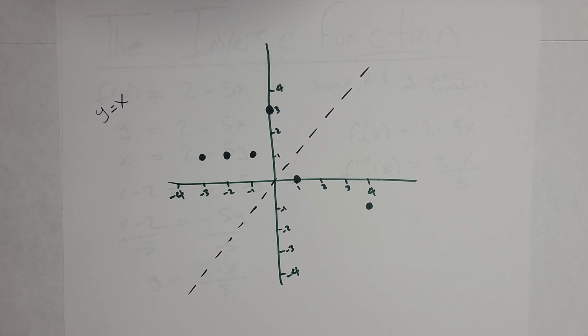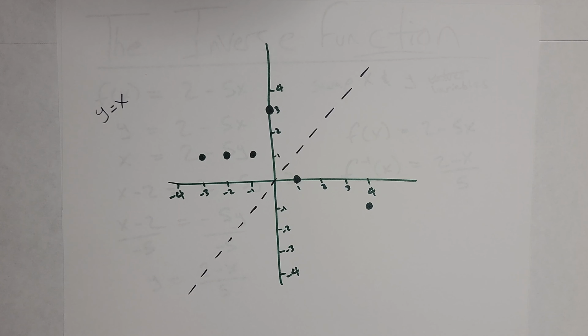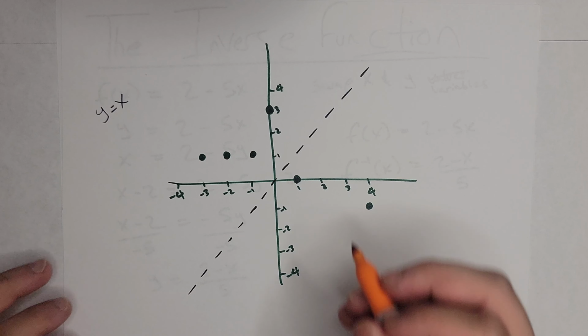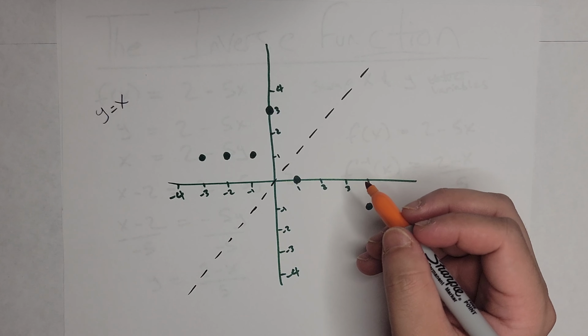Now that we have this imaginary line, I'm going to plot a mirror of everything. Remember when I said we're going to swap the x and y coordinates?